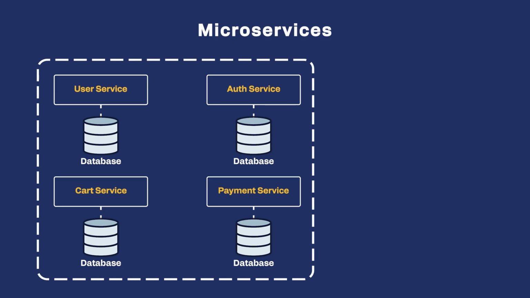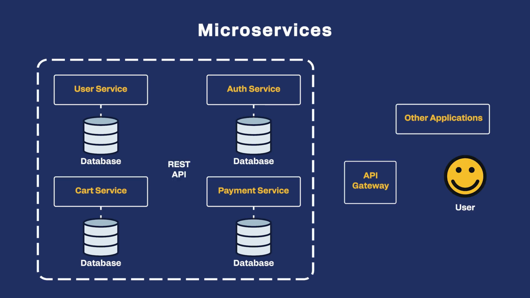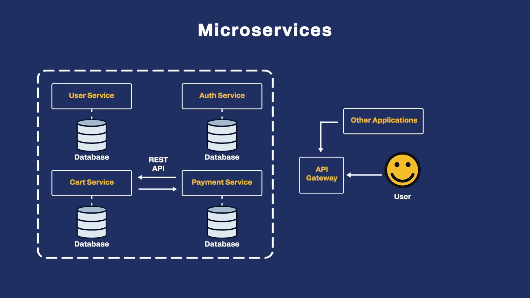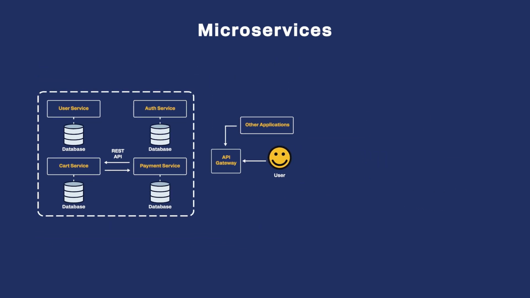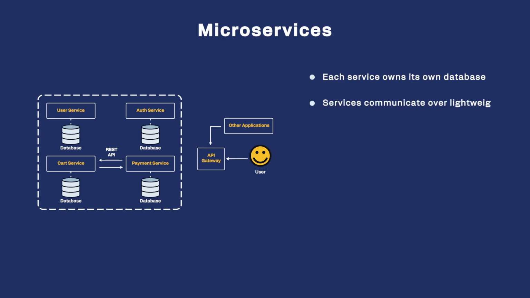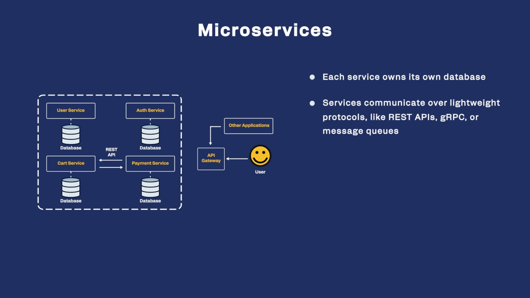Microservices build on the core idea of SOA, splitting an application into services, but with some important differences. In a microservices architecture, each service owns its own database. Services communicate over lightweight protocols like REST API, gRPC, or message queues. There is no centralized ESB.